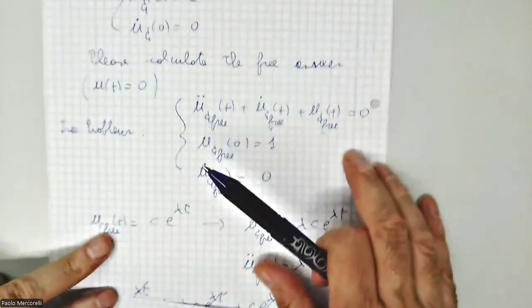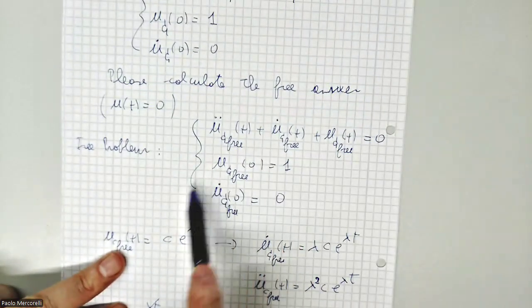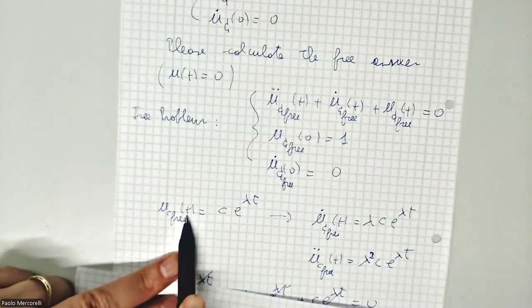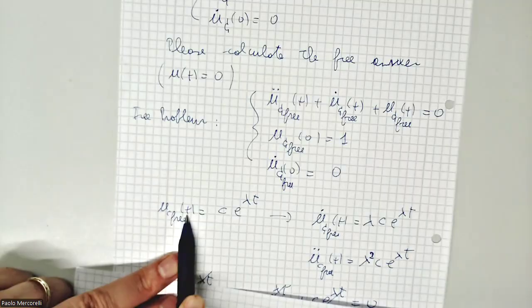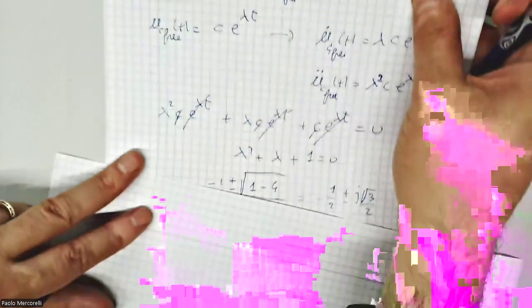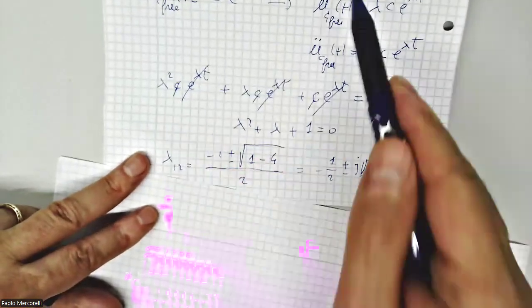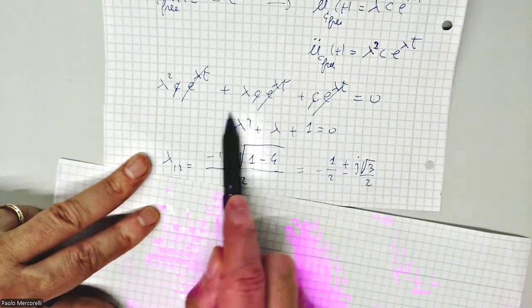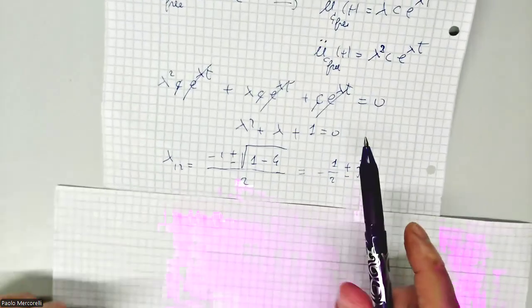But the main reason is that u free at time equals 0 does not satisfy this. I can assume that C is not 0. I can cancel it, because if it's not 0, I can divide by C. I have this equation here.